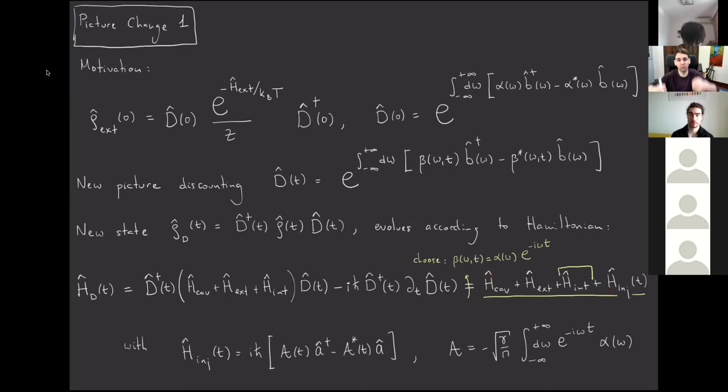And then we want to do perturbation theory with this interaction. So what we do is that we move to what is called the interaction picture, okay? So the second picture change, picture change 2, is nothing but the interaction picture.